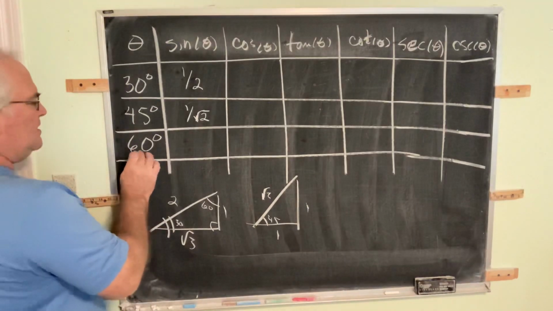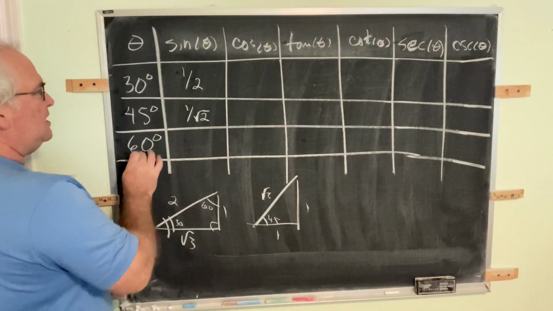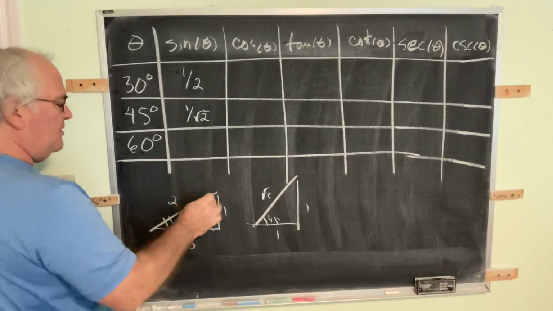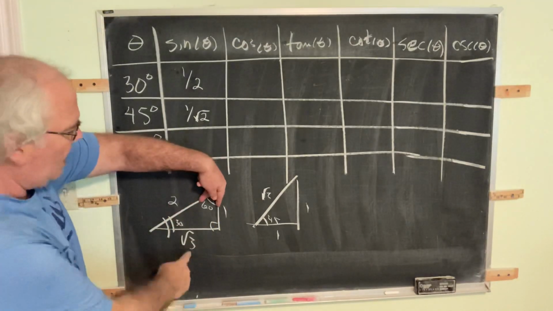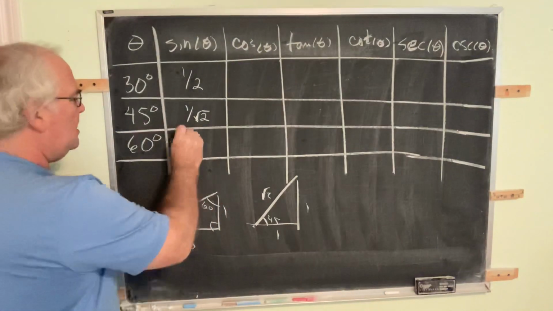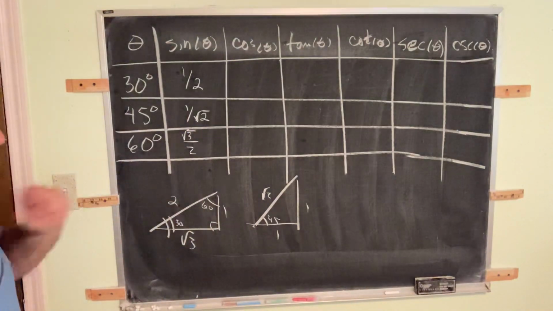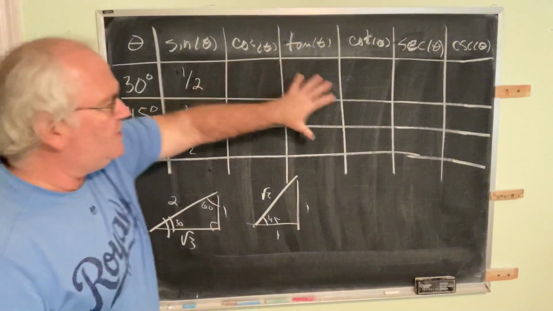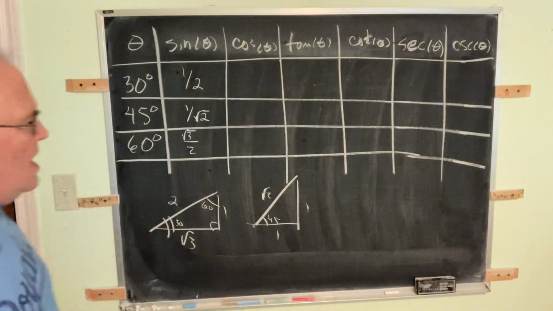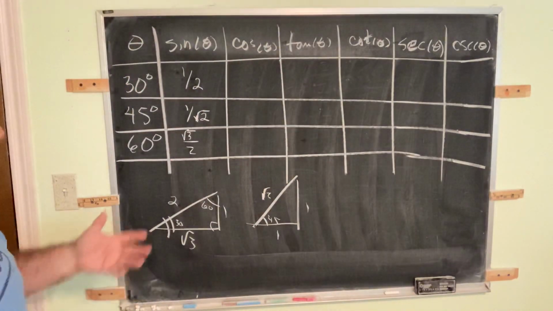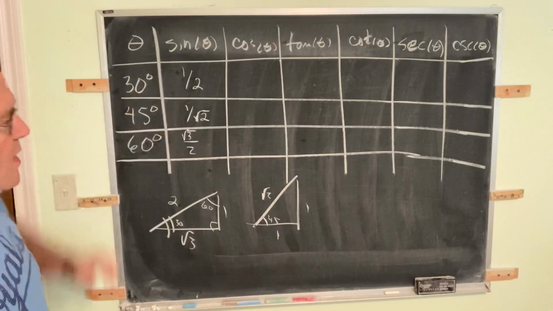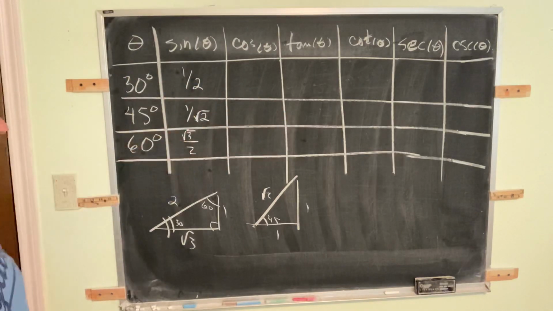And then this is 60 degrees, sine of 60 degrees. From the perspective of 60 degrees, sine is opposite over hypotenuse. That's the square root of 3 over 2. If you have that, we could go through each of these and use the opposite over adjacent. But I want to illustrate the power that we have because we know the relationships between these various functions.